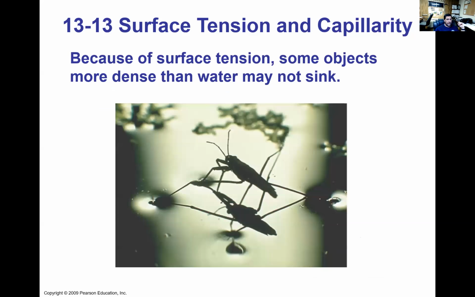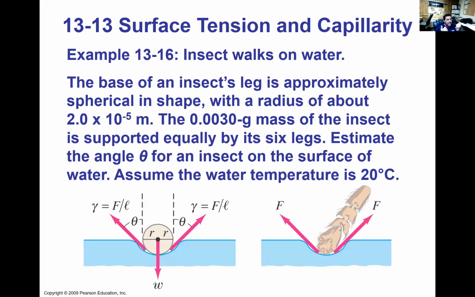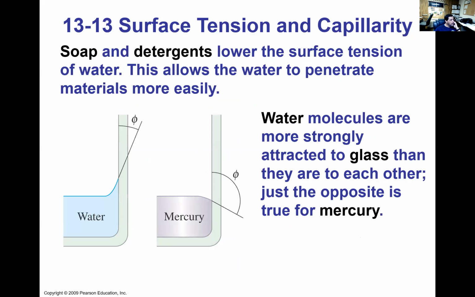Okay. Water striders. The reason a water strider doesn't sink is because it has such a small surface area, but there is also some surface tension in the water, so they're not poking through the surface. Different types of fluids either attract water or repel water.